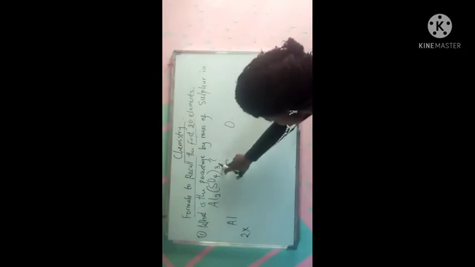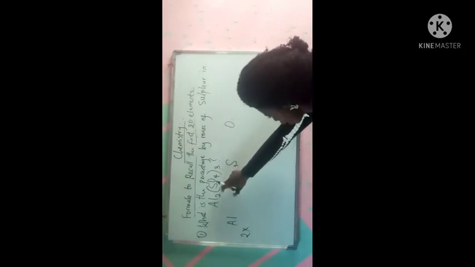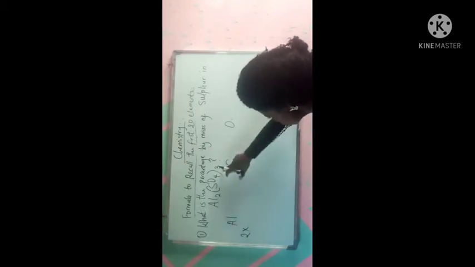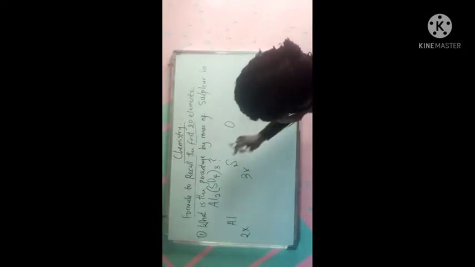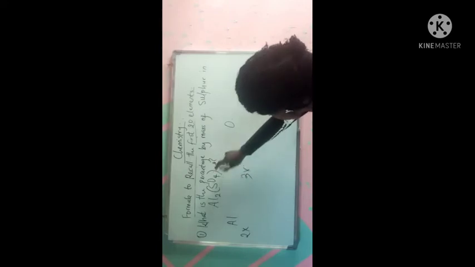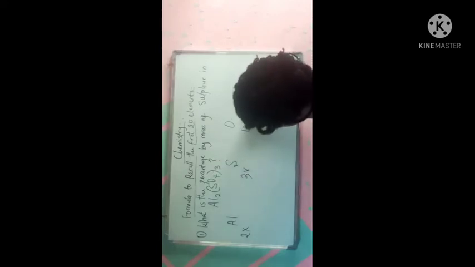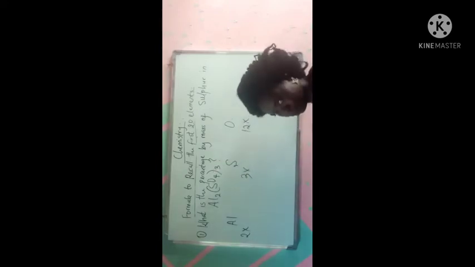You see that this 3 is enclosing this bracket, so I'm going to use this 3 to open up this bracket. That's going to give me 3 times anything I have for sulfur, and then 3 times 4, 12, 12 times whatever I'm going to have for oxygen.